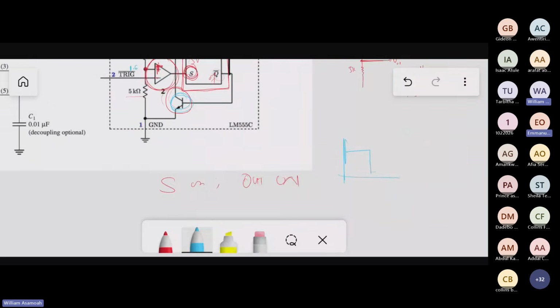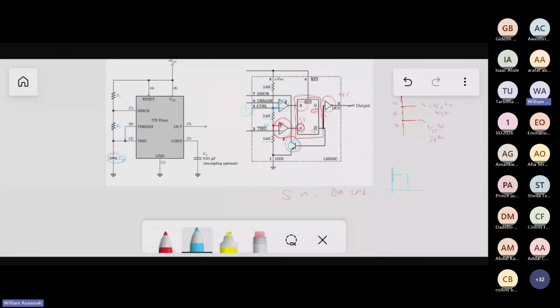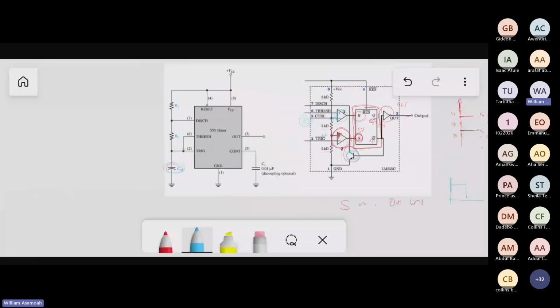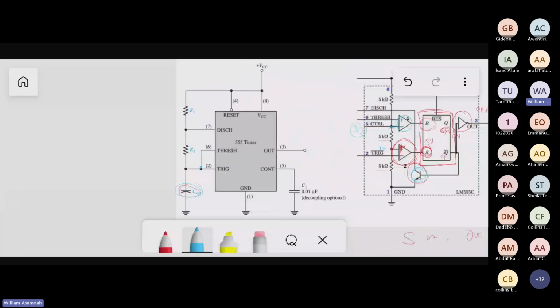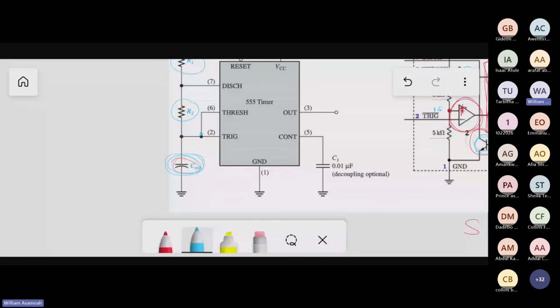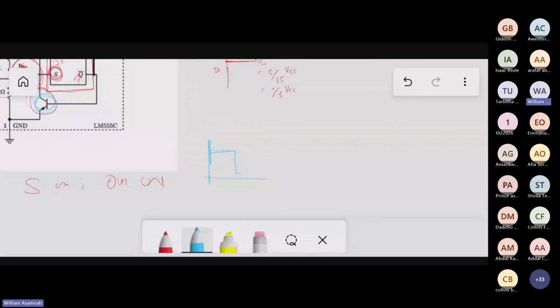So we can see that if you choose the resistor values of R1 and R2 and the capacitor value, you can regulate how long it stays on and how long it stays off until the next cycle repeats.